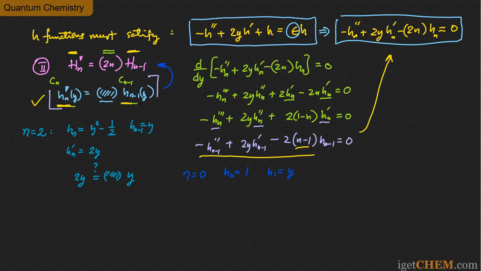So you can ask yourself, does that satisfy the correct relationship reflected here? Well, we know that this h0 function is some proportionality constant multiplied by H0, and this h1 function is some proportionality constant multiplied by y.